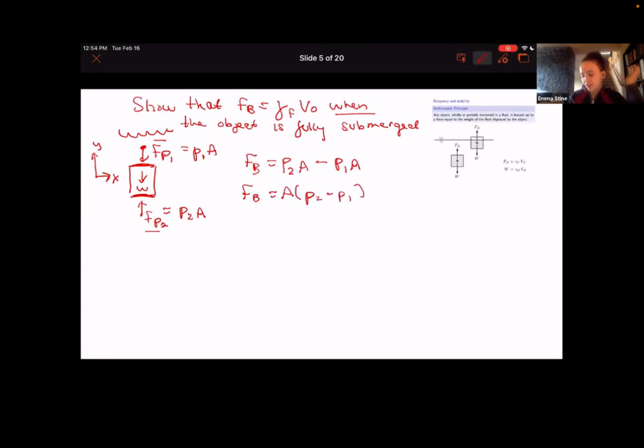Okay, let's try to figure out what pressure 2 and pressure 1 are, because those aren't usually givens in a problem. From hydrostatics, I think it's page 9 of the notes, we went over this a little bit ago, but we know that pressure 2 on this box is going to equal pressure 1 plus specific weight of fluid times height, if this is the height.